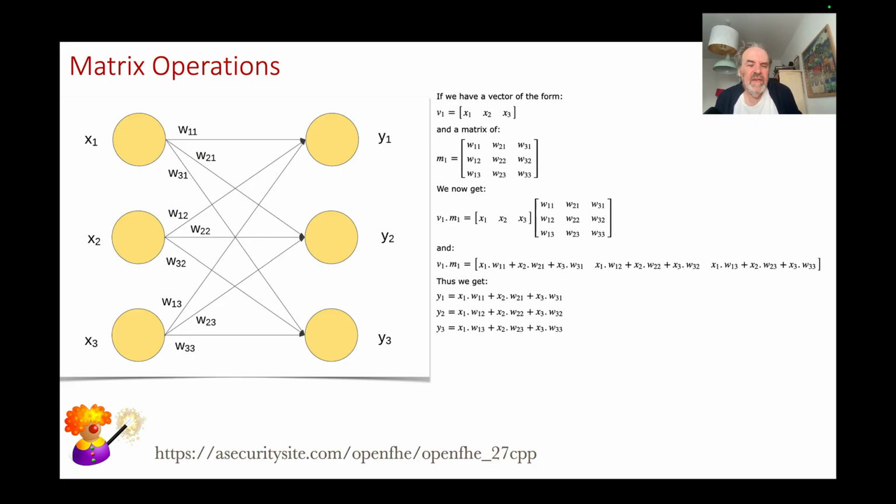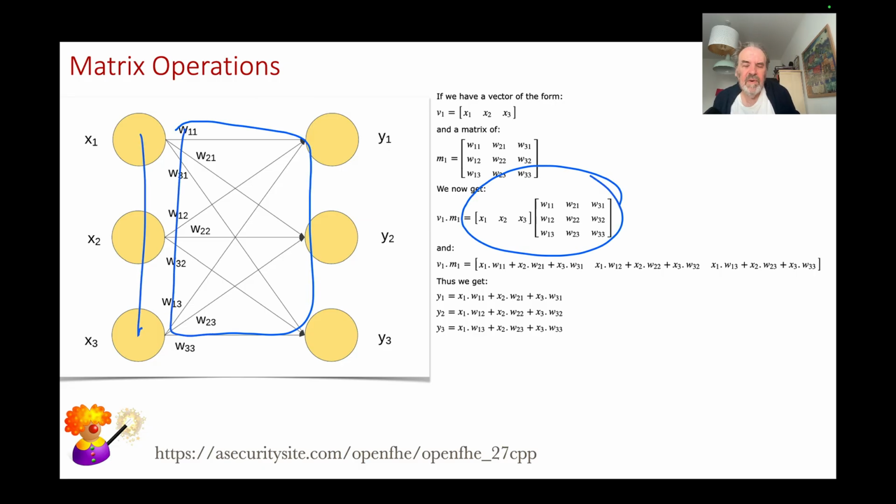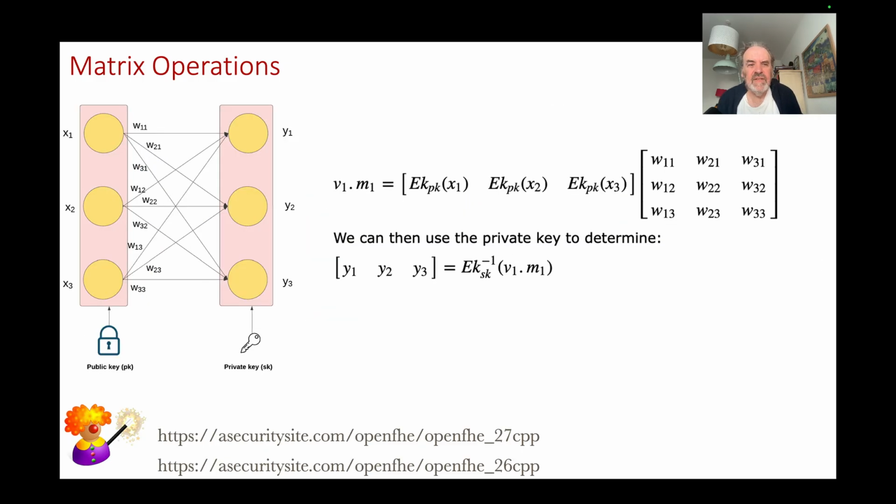So we can take something like a neural network, which is basically taking a vector and then performing a matrix application on it. If we can model our homomorphic encryption like this, then we can produce a neural network, and that is obviously the basis of much of our machine learning these days.